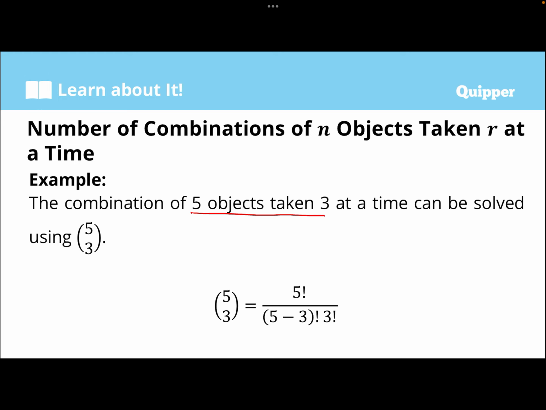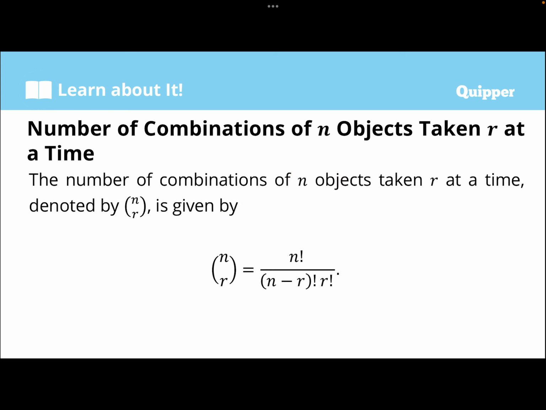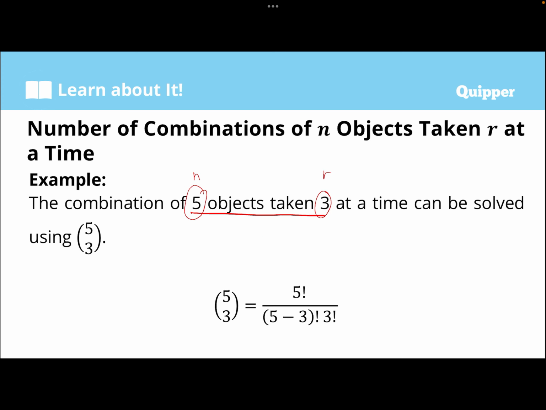The value of n here is 5 and the value of r is 3. So by substituting into the given formula, we can now substitute n as 5 and r as 3. So we have 5 factorial divided by the quantity 5 minus 3 factorial times 3 factorial.